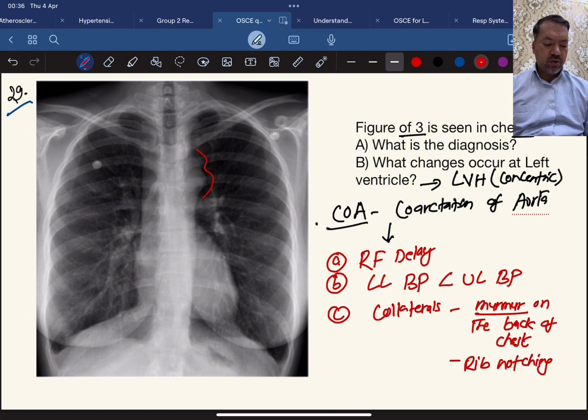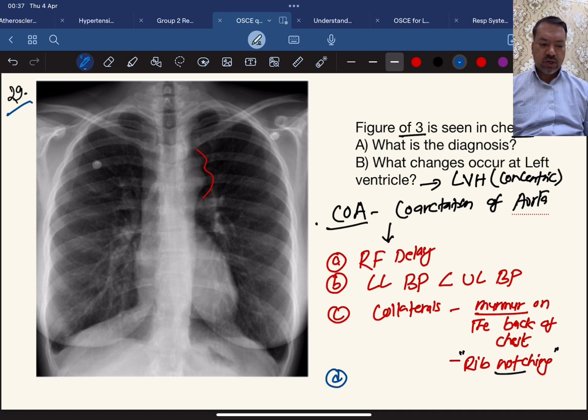These questions have been asked multiple times before in the FMG exam or in any other licensing exam. These are the favorite questions. And the development of the lower limbs is also less, meaning growth of the lower limb is reduced, they look thinner. Okay, that is also an important point.